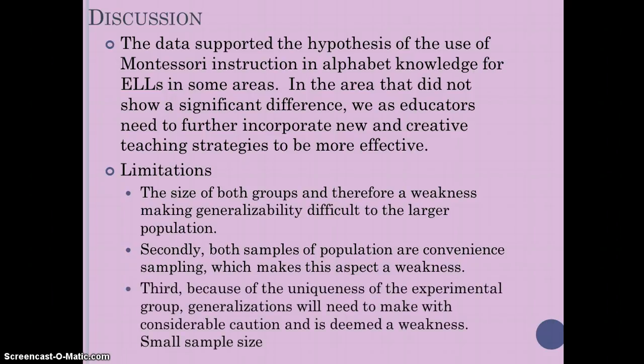Third, because of the uniqueness of the experimental group being a Montessori classroom and a bilingual classroom, generalizations will need to be made with considerable caution, and this is deemed as a weakness also.